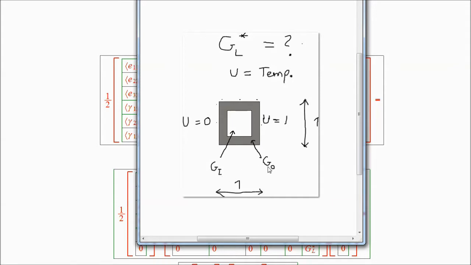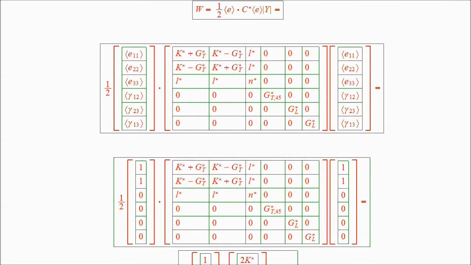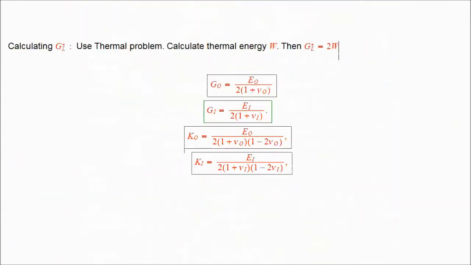It's not 0 actually, it's G_o. O is connected to the term outer. And let me just recall how to find these shear moduli. I have some expression here for them.